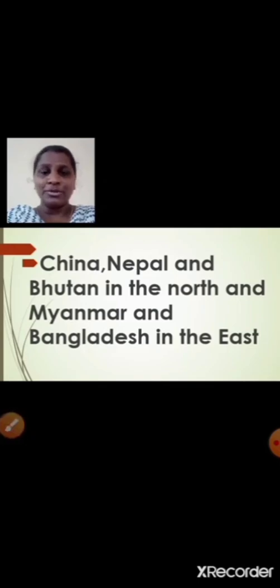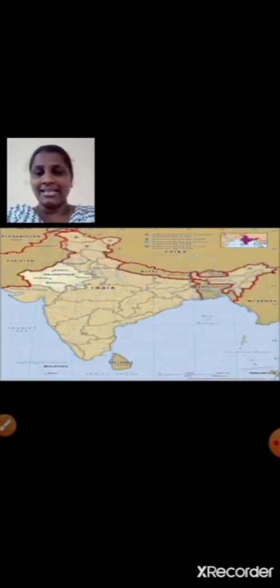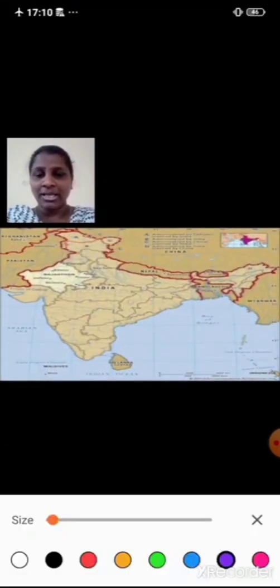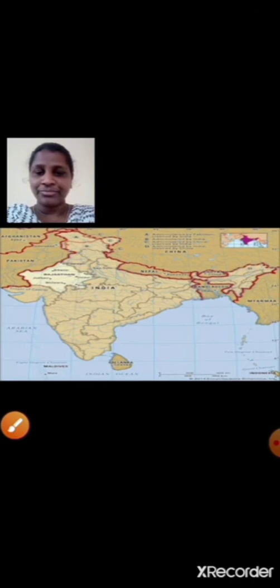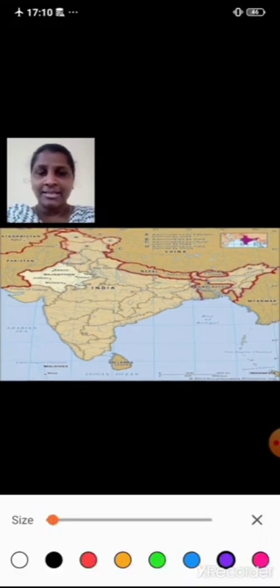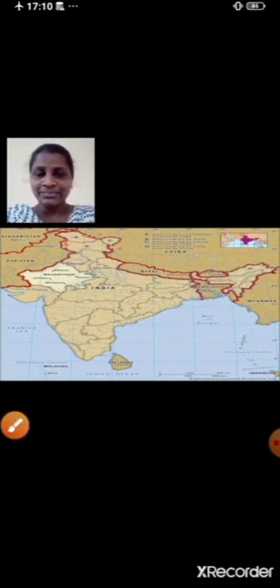China, Nepal and Bhutan in the north, and Myanmar and Bangladesh in the east. So our country shares the land boundary with China, Nepal and Bhutan in the north, and Myanmar and Bangladesh towards the east. Is that clear, students?